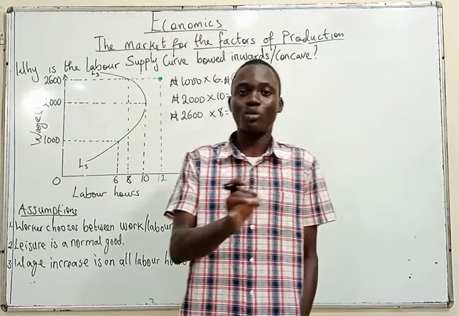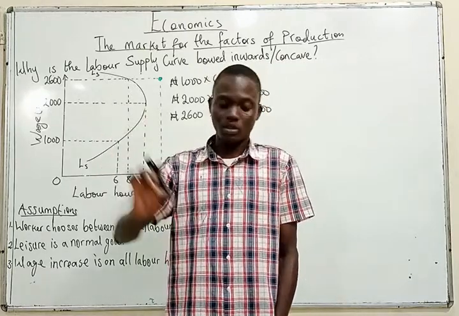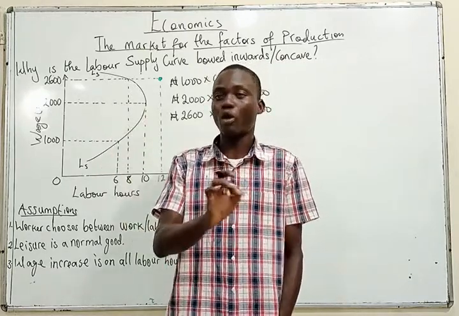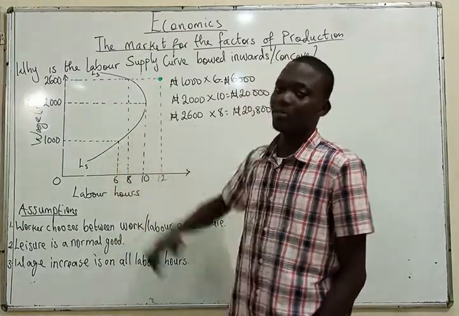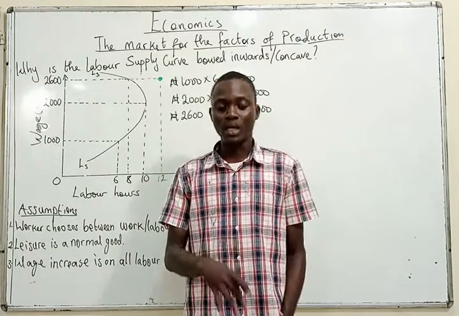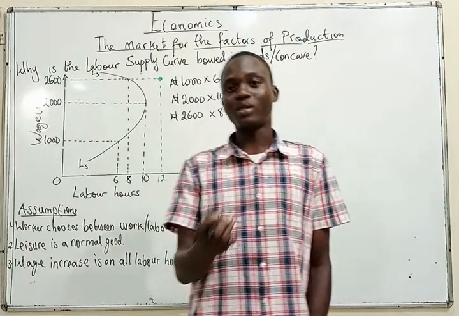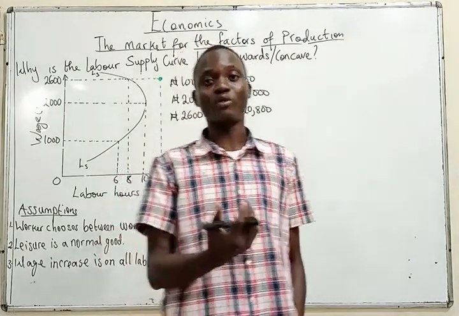So when the wage is low, at the lower region of the wage rate, or at the upward sloping portion of the supply curve, we have the substitution effect dominating. And what is the income effect telling us? The income effect is just the reverse of the case.